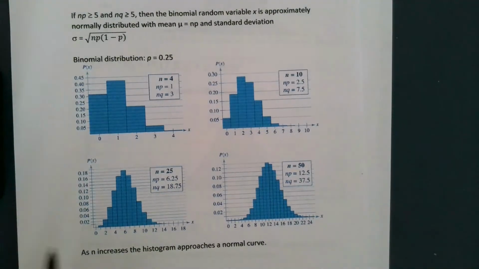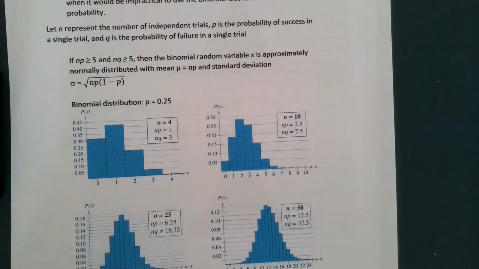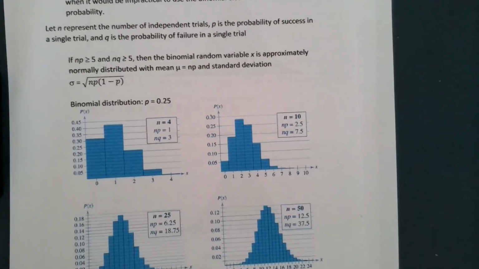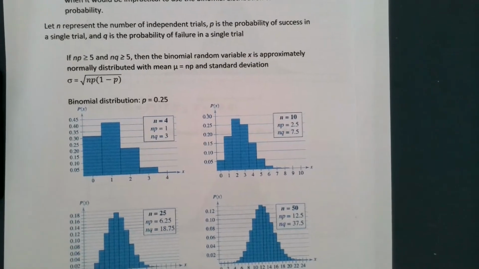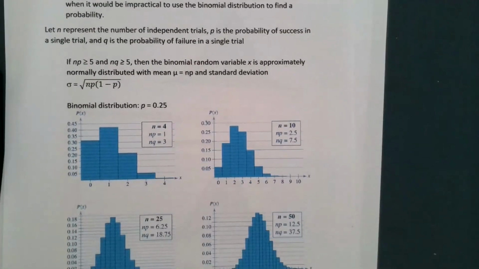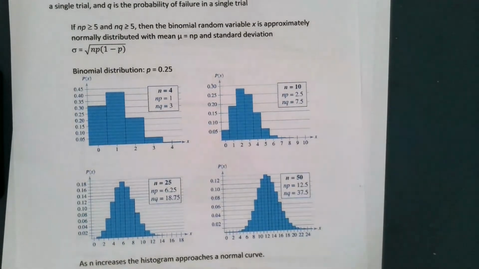Now the criterion is you want to have np greater than or equal to 5 and nq greater than or equal to 5. Both true at the same time. When you have the small sample size, np and nq are both less than 5, so this one wouldn't qualify.